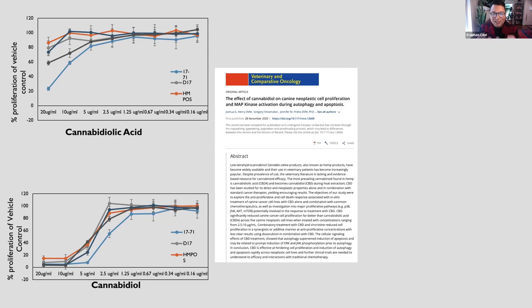And what they did in this IC50 test is they have a petri dish of these different cancer cell lines, and then they gave these cancer cell lines a bath of individual isolates. So a bath of CBDA, and they found the CBDA wasn't very good at killing these different cancer cell lines. And then they mixed it with decarboxylated CBD, and they found, wow, decarboxylated CBD does a pretty good job at killing these cancer cells. In fact, it's very similar to what we would see with doxorubicin.